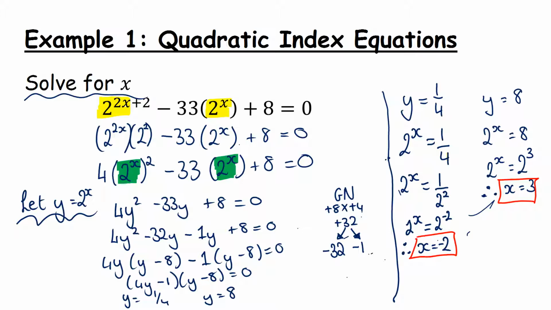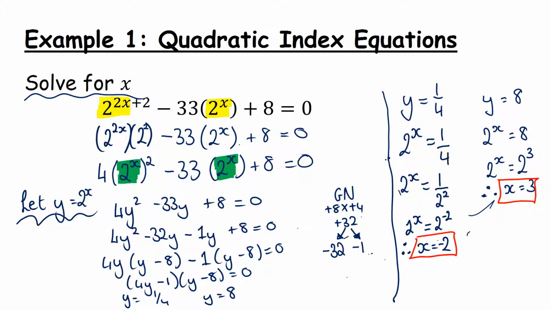Now before it does that, we're going to need to do a little bit of work. So let's get to work. First thing we're going to do is split this out. So it's 2 to the power of 2x multiplied by 2. If you are using your rules of indices, which appear on page 21 of your log tables, the first rule in the first column basically tells us if we have two bases that have powers and they're multiplying together, we can add the powers.